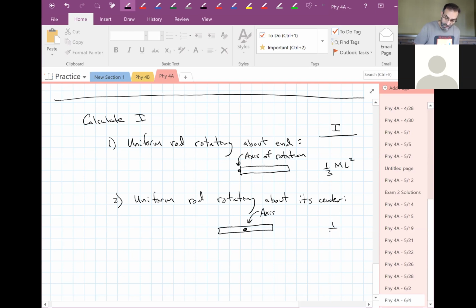And what did we get? We got 1/12 ml squared. Again, we didn't have to do the integral. We could have just looked on that table and there's the answer, right? We could have gotten it right off the table. Do you have the table handy? Let me bring it up.